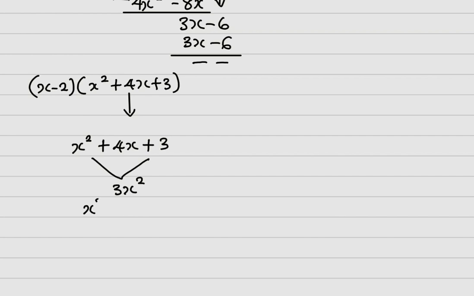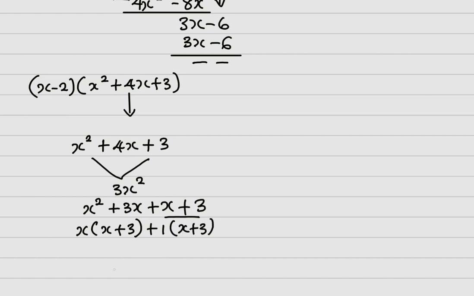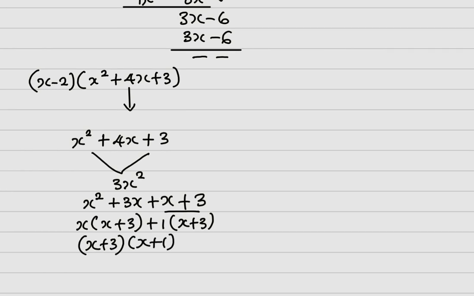The factors are actually plus 3x, then another x, which represents this 4x, then plus 3. So grouping it into 2 and factorizing, I have x plus 3, then plus, what is common here? 1, since 1 is a universal factor, then I have x plus 3. So going further, I'm going to have x plus 3 and x plus 1.